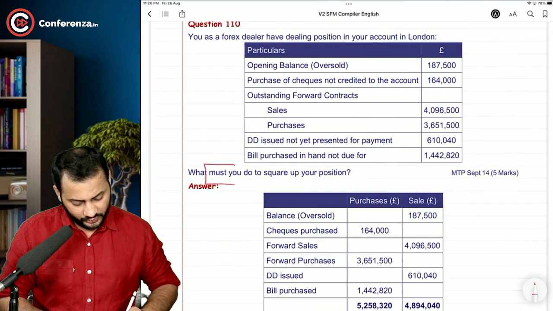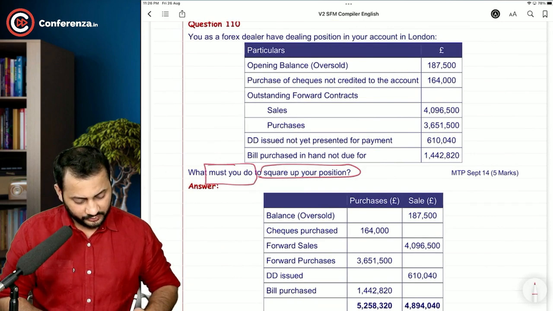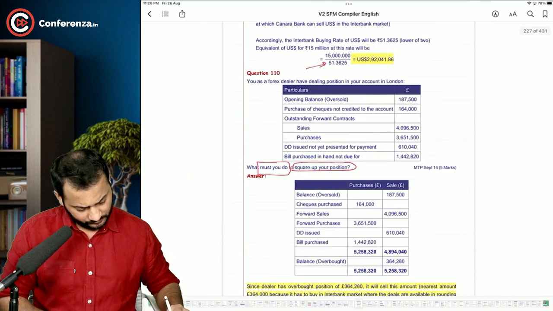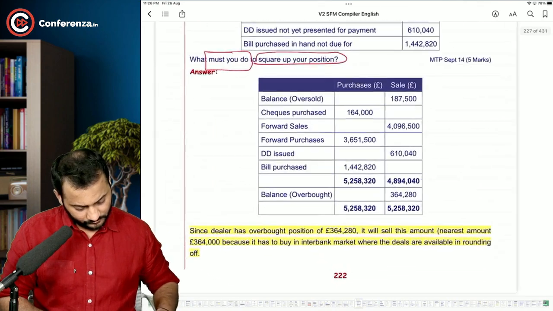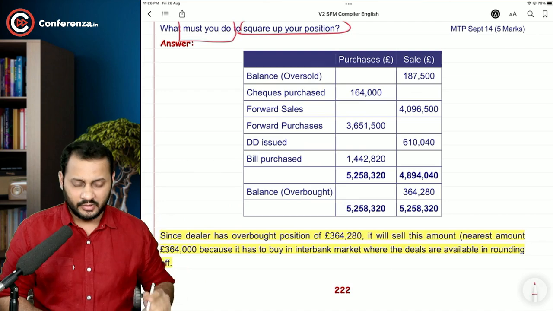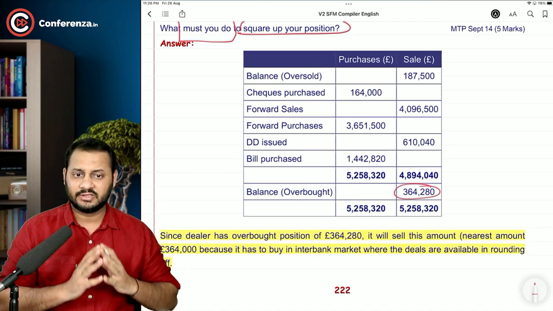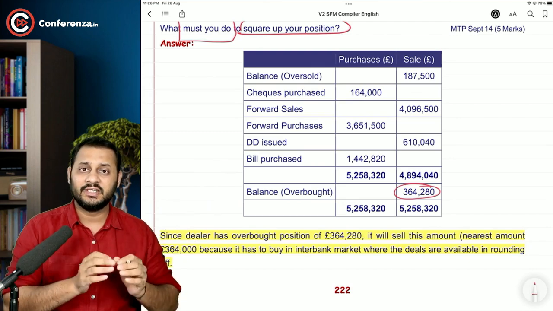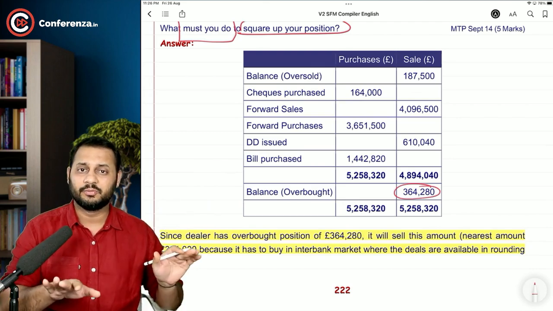What must you do to square up your position? See. First, we will write down everything and find out the balance, which is 364,280, the overbought position. The question is saying square up, meaning close the position.